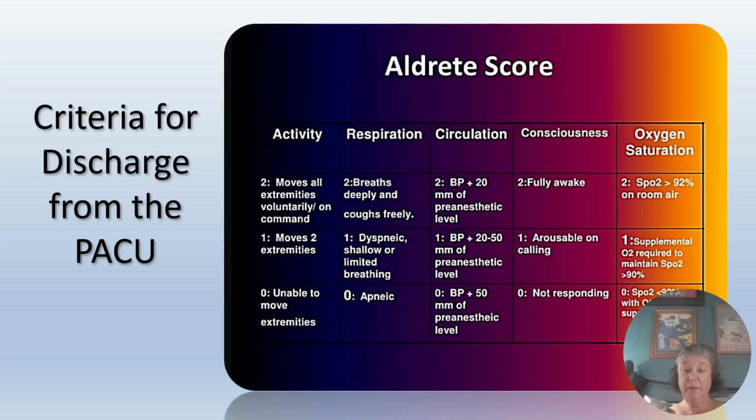This is my criteria for discharge from the PACU. This is the Aldrete score. This looks at activity, respiration, circulation, consciousness, and oxygen saturation. We have talked about this before because even if you are doing a bedside procedure as a nurse, you're going to get the Aldrete score on your person, okay?